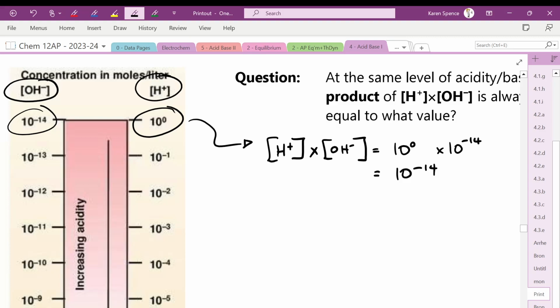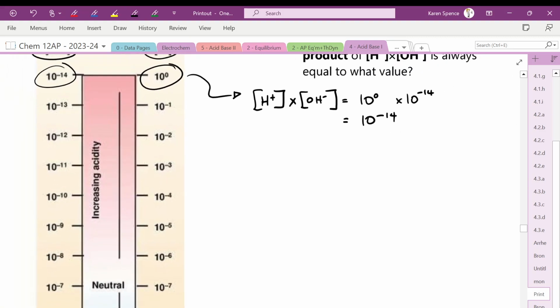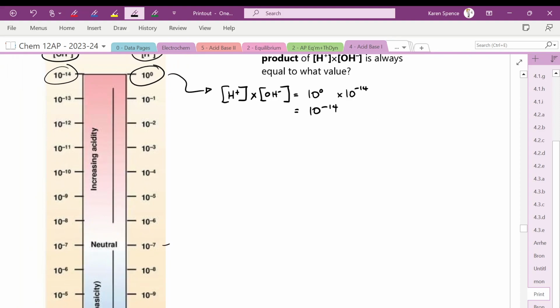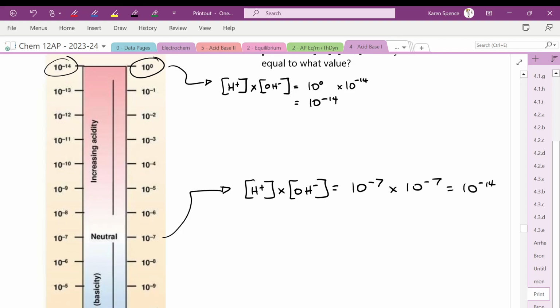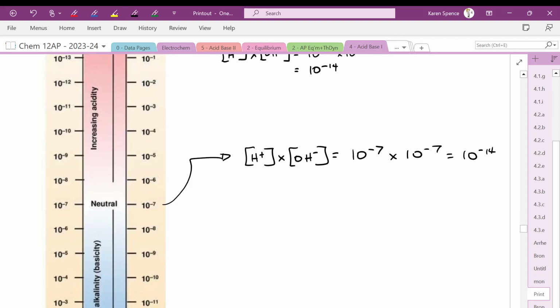Let's pick any other one on here. Shall we choose neutral pH? Let's see what we get. Concentration of hydrogen times the concentration of hydroxide. What do you get? 10 to the negative 7 times 10 to the negative 7 is 10 to the negative 14. And let's just try this one here.